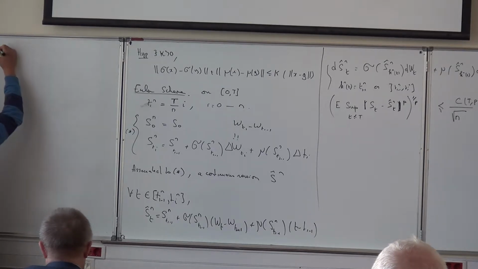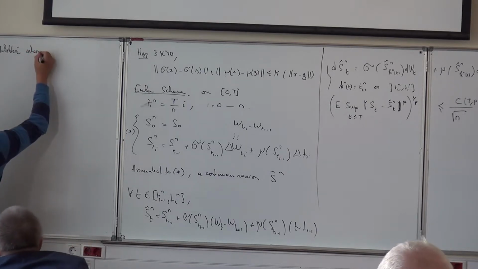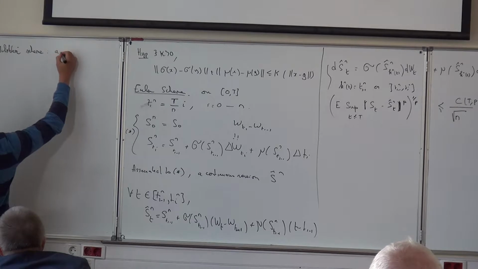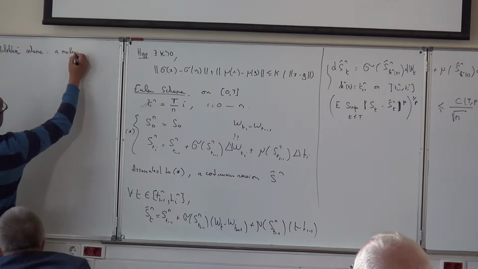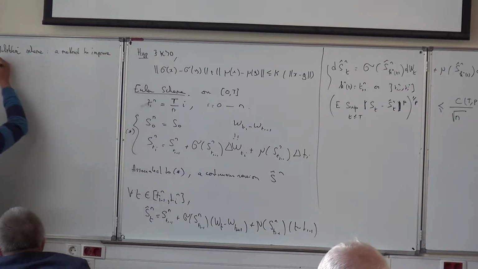The Milshtein scheme, which is a method to improve the convergence rate.